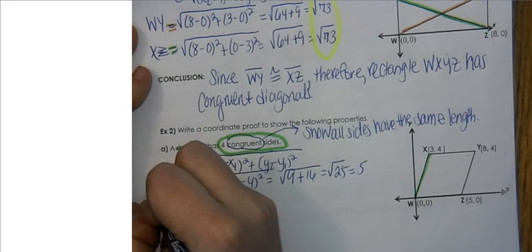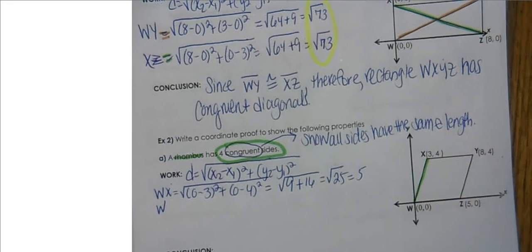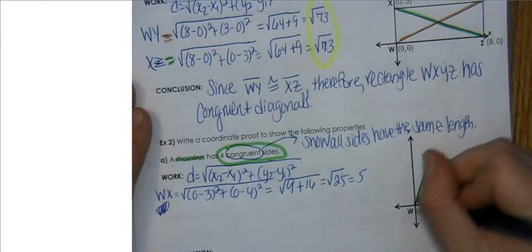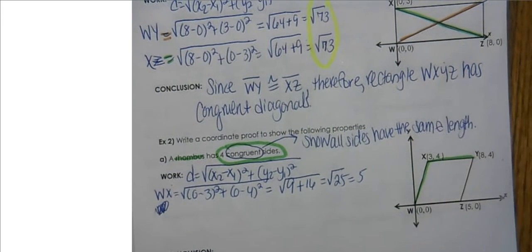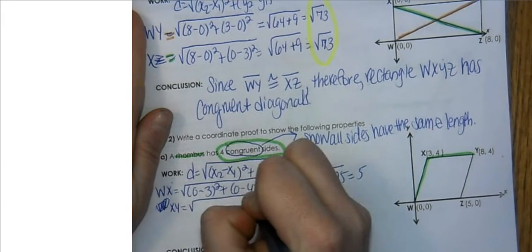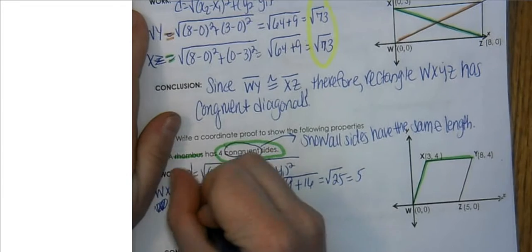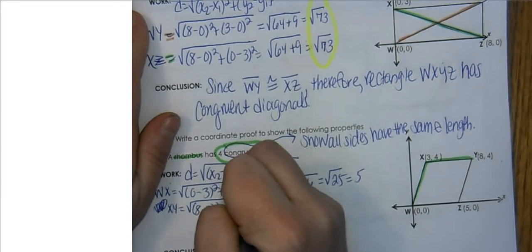So now I'm going to identify the length of XY. I'm going to go all the way around, so I'm going to find the length of XY next. So that is going to be 8 minus 3 squared plus 4 minus 4 squared.